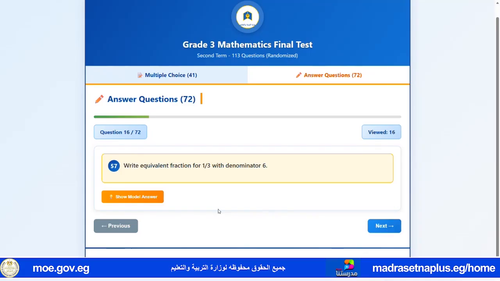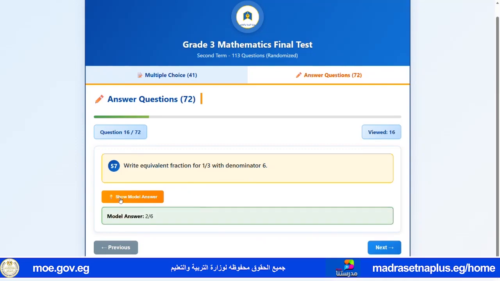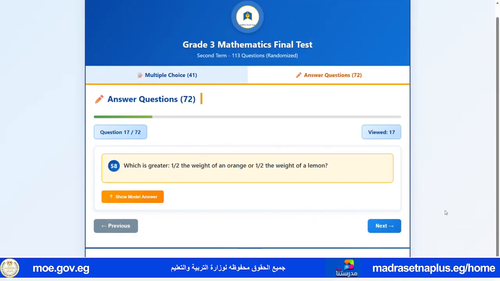Write an equivalent fraction to 1/3. But in this case, the denominator is 6. Using the fraction rule, 1/3 equals 2/6. Which is greater? Which is longer? Which is bigger?